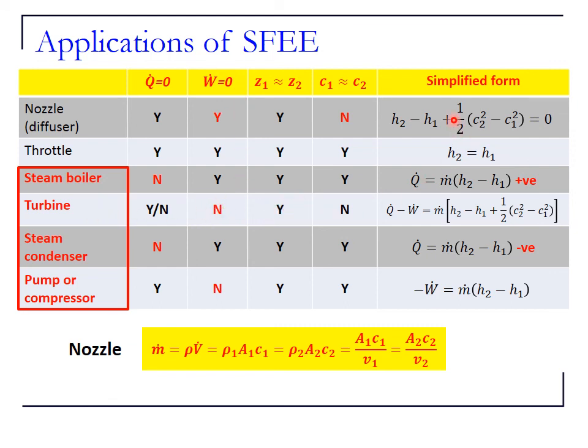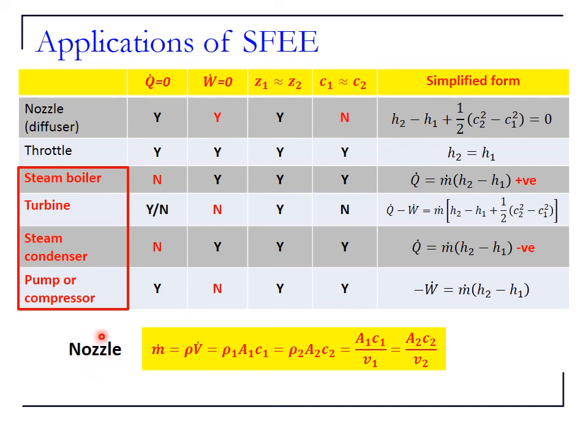And in the final column, I summarized all the simplified forms for the different devices here. You can use them directly for any device in a question. However, if you don't want to remember this, you can also apply reasonable assumptions to derive it yourself from the general SFEE.